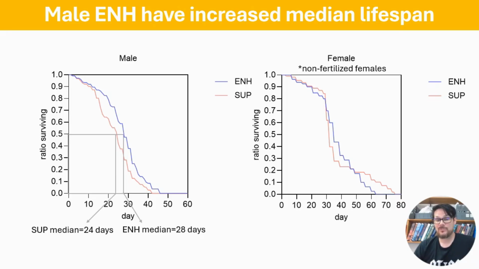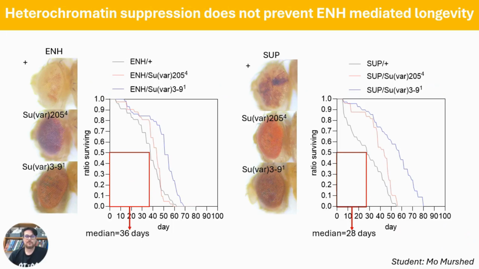But we speculated that was due to the fact that we'd selected these flies on the basis of having enhanced heterochromatin. So if the reason they were living longer was because they had enhanced heterochromatin, which is what we selected them on the basis for, then we could introduce a mutation in a suppressor of variegation gene like SUVAR205, which encodes for a heterochromatin protein 1, or SUVAR39, which encodes for a histone methyltransferase that mediates the histone methylation necessary for heterochromatin formation.